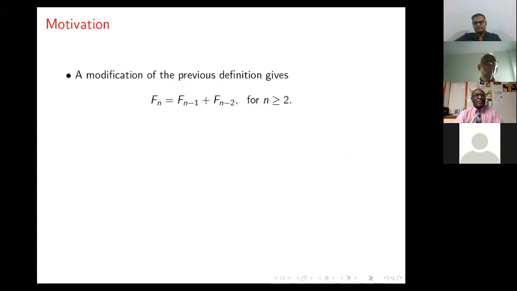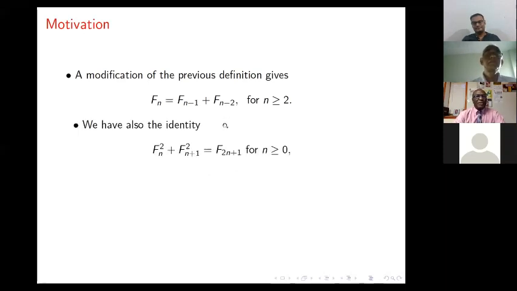Okay. Now, about the result I'm going to present here, here is the motivation. If we look at the definition of a Fibonacci number, defined by this recurrence, we can look at that and say that it can give us an interesting expression.